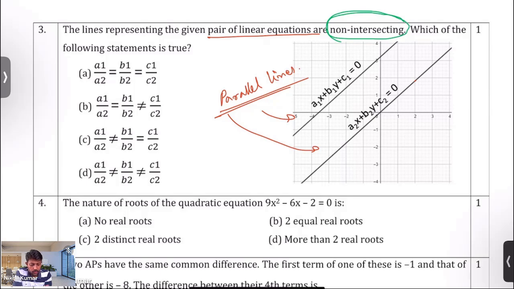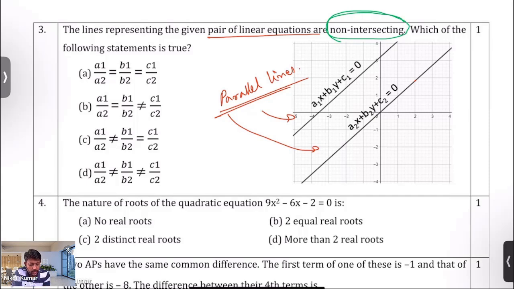Okay, so if two lines are parallel to each other, are they ever going to cross? No, because they are not intersecting. If they are not intersecting, will they have a solution? No, they are not going to have a solution at all. So no solution. Now what's the condition for a pair of linear equations having no solutions at all?